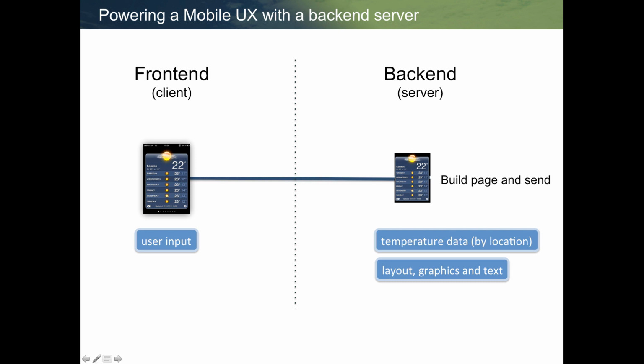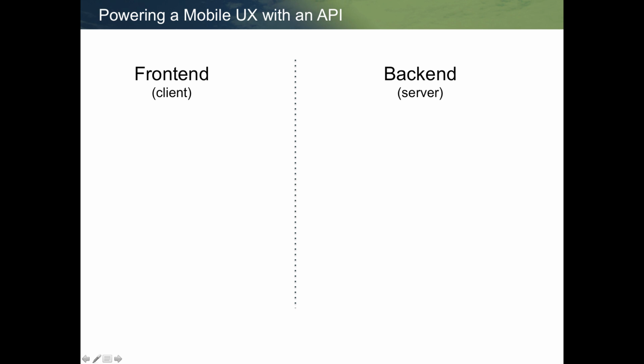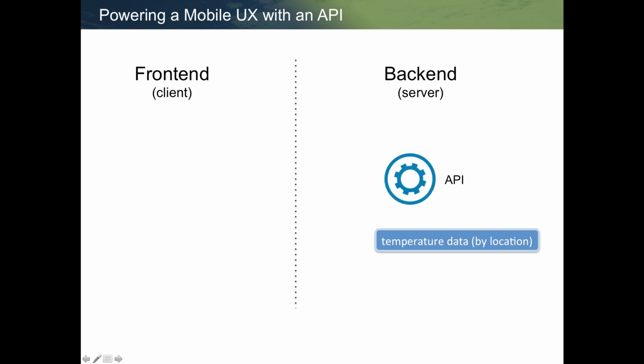And so if you want to look at taking this approach and creating an API out of it, what will we need to do? To power the mobile UI with an API, we need to create an API that allows you to search for temperature by location. It's as simple as that.